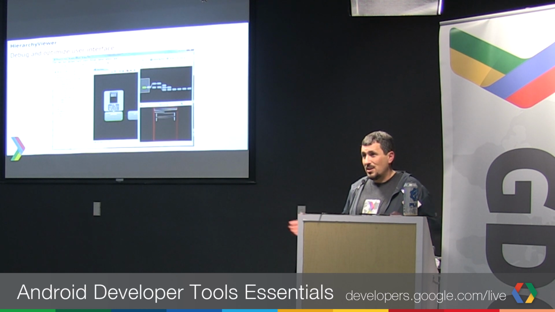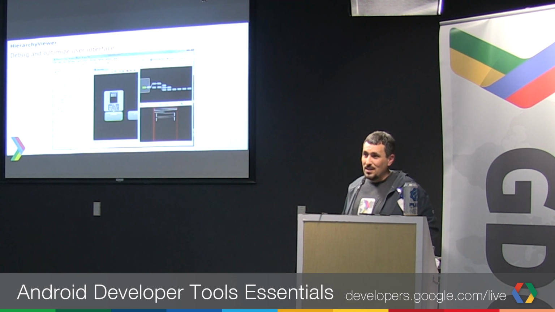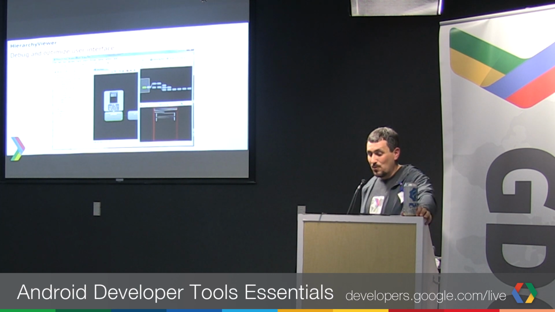In Android, the fewer layouts, the better. If you have a bunch of nested layouts, due to the way that the view is measured and drawn, the more layouts you have, the longer it takes to render. And that's obviously bad. That causes performance problems.